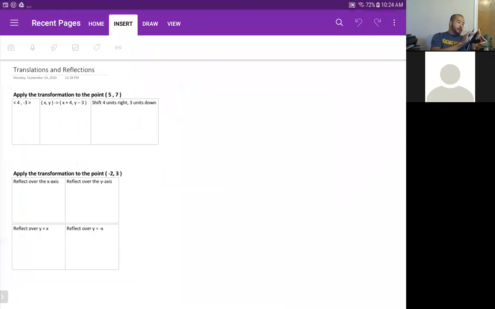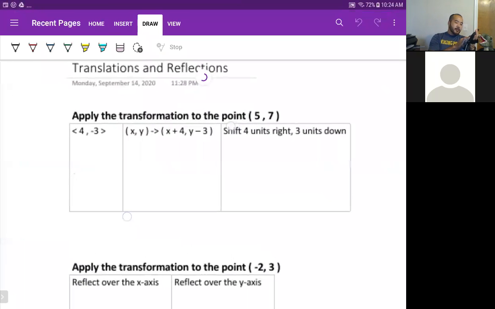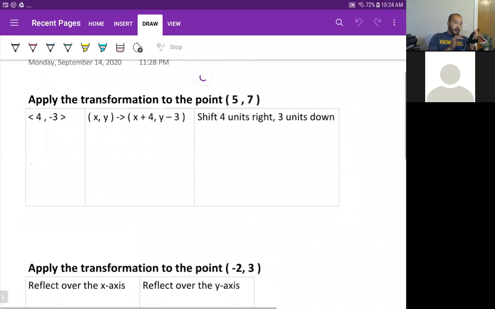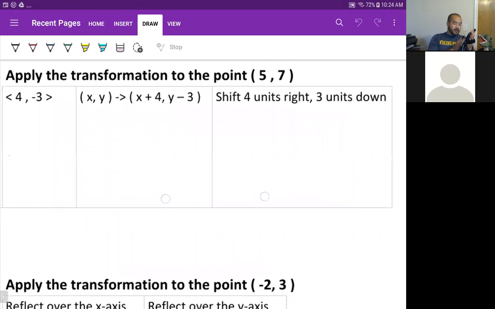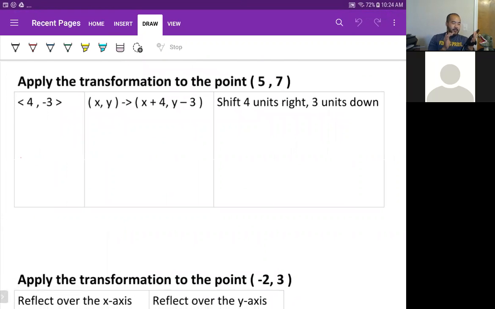But for translations, we actually don't need them because it's pretty straightforward. These are 3 different ways to write the same type of transformation. Your original point here is 5, 7. This means you add 4 to the x. This means you subtract 3 from the y.